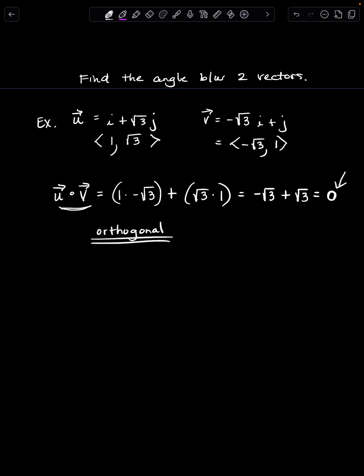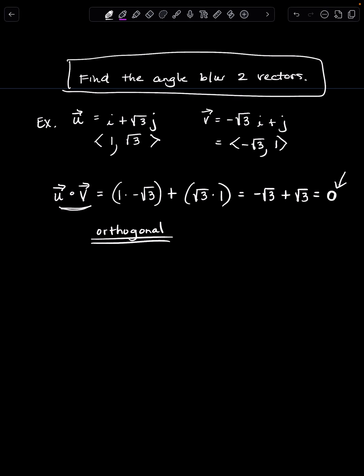There might be questions that just ask you if the two vectors are orthogonal. So we found the dot product. We have determined that these two vectors are orthogonal. Going all the way with it though, we're going to find the angle between two vectors. Now, the fact that they're orthogonal should already tell you that the angle between these two vectors is 90 degrees, but let's just keep working it out so you'll see it.